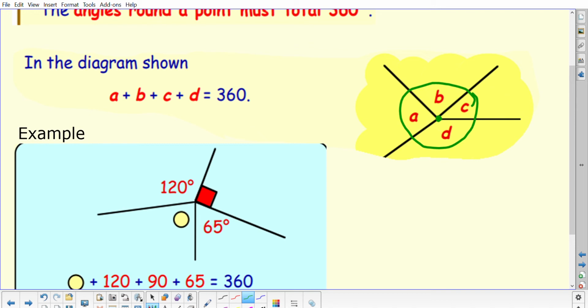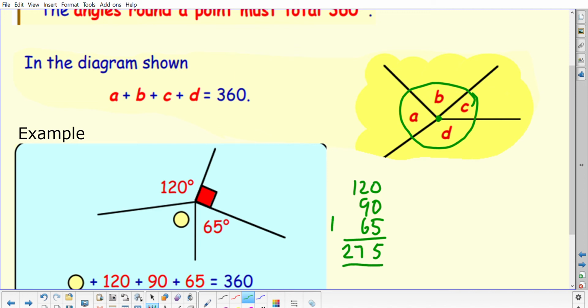So here you've got an angle of 120, you've got your little square that means 90, you've got your 65, and you've got this little circle angle that you're trying to work out the size of. So if you add up your 120, your 90 and your 65, you will see that you get to 275 degrees.